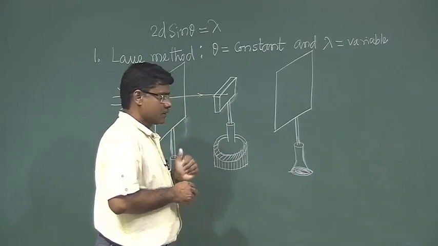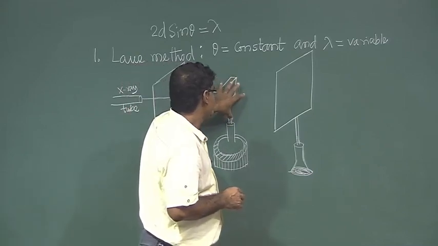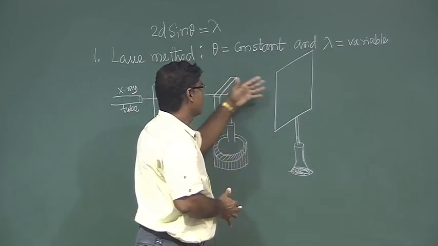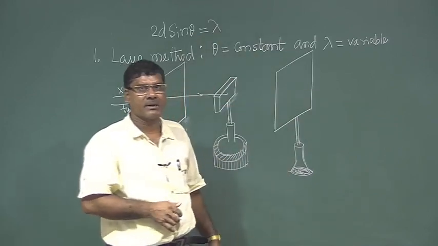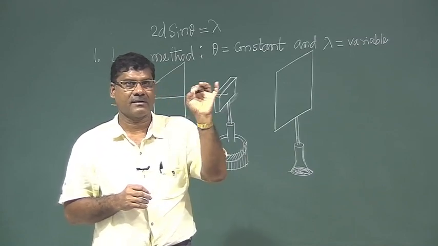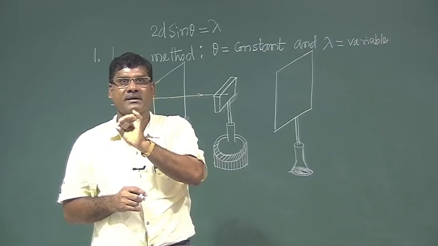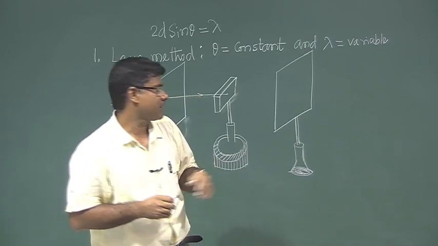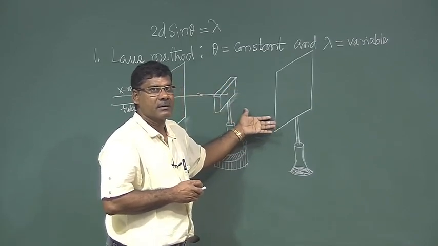When X-ray falls on that crystal, it will be diffracted in all directions. If you put a plate in any position, you will see higher intensity in different places because of diffraction in all directions.